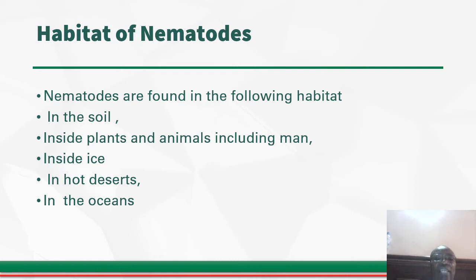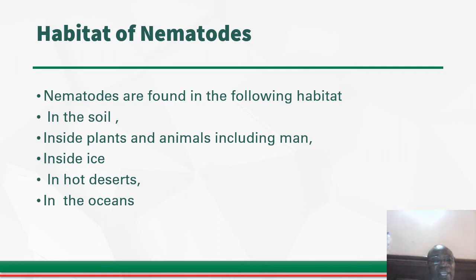Then where are the habitats of nematodes? That is, where do we commonly find them? Nematodes are found in the following habitats. In the soil, we find them. Inside plants and animals, including man, those that are endoparasites are found in man. Then you can also find them inside ice, of course, in the extreme cold environment.